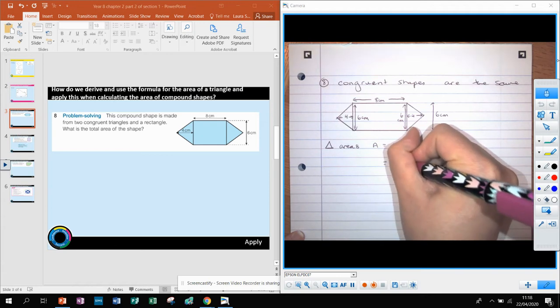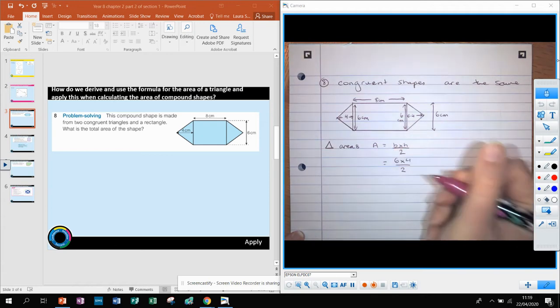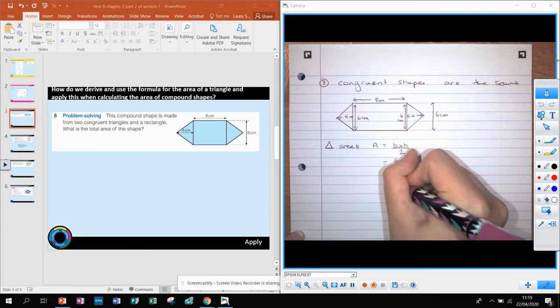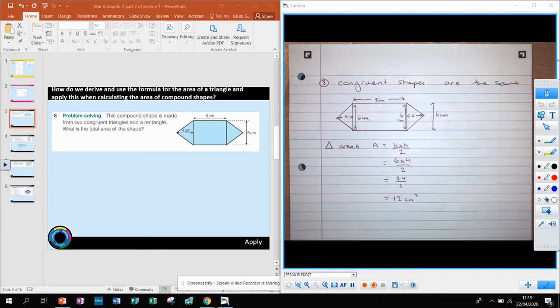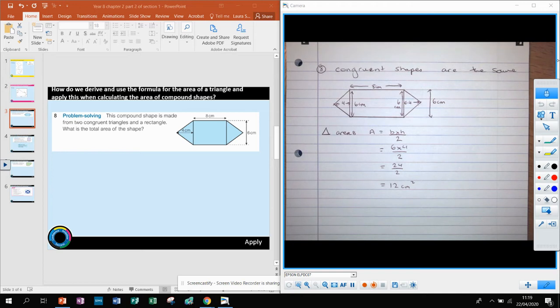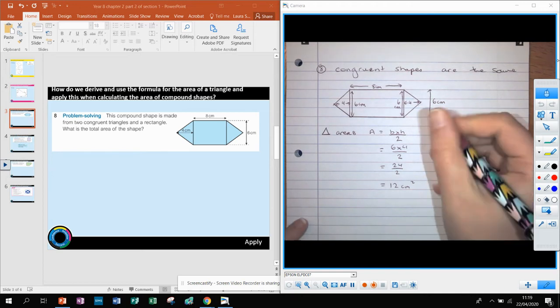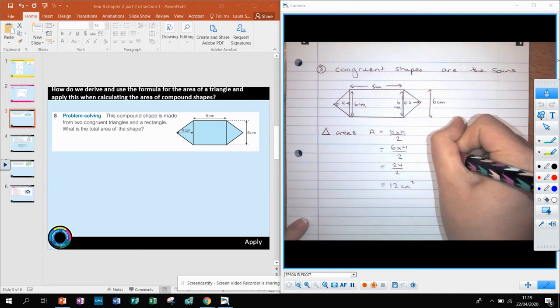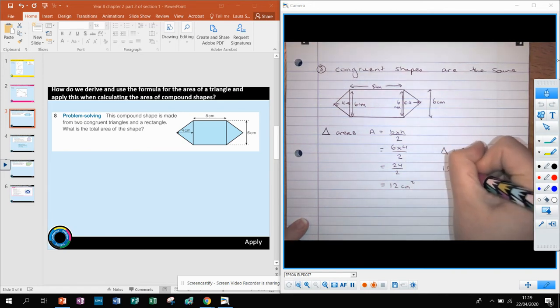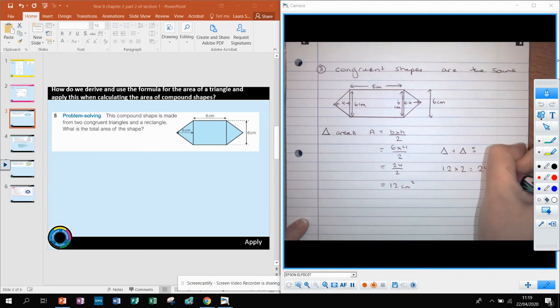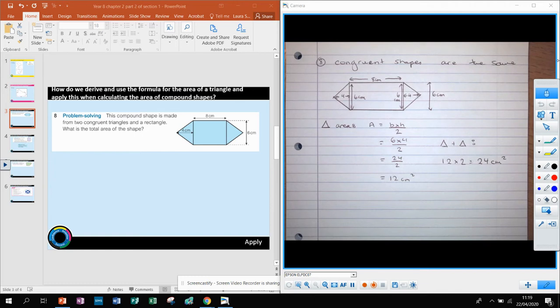So that is 6 times 4 divided by 2, which is 24 divided by 2, which is equal to 12 centimeters squared. Okay, we have two of them. And so we are going to now, for the two triangles, multiply that by 2. Okay, so 12 times 2 is equal to 24 centimeters squared. And that's the area of the two triangles.